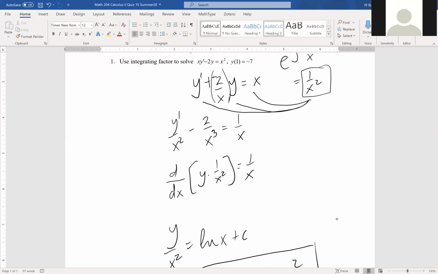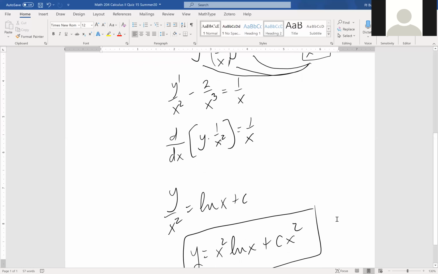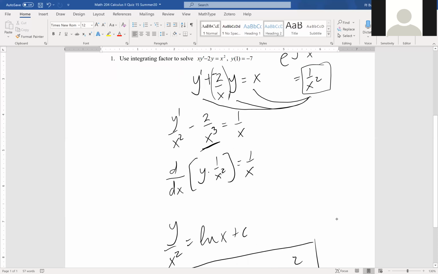It's already minus 2 over x, so times another 1 over x squared would be x cubed. Okay, I got it. And then that works out when I differentiate, right? Because the derivative of x to the negative 2 is going to be negative 2 x to the minus 3, which is that term. It looks like I forgot my y there.